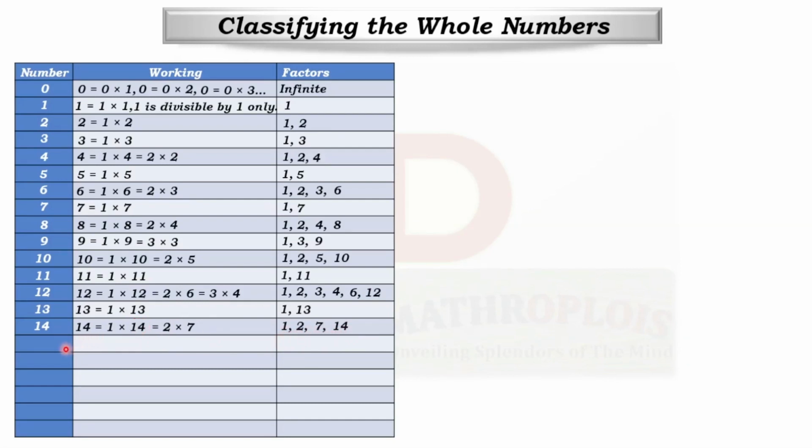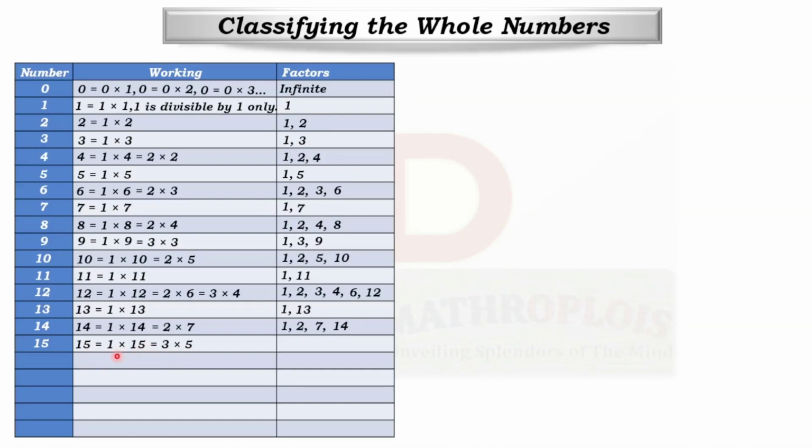Next number is 15. Let us now find out all possible factors of 15. 1 multiplied by 15 is equal to 15. 3 multiplied by 5 is equal to 15. And there isn't any other factor of 15.